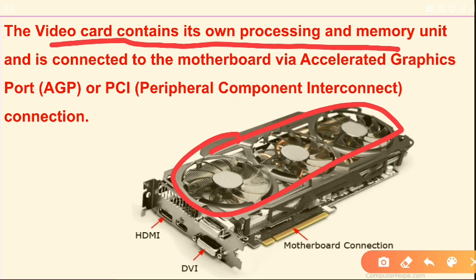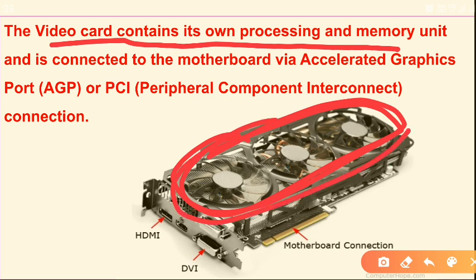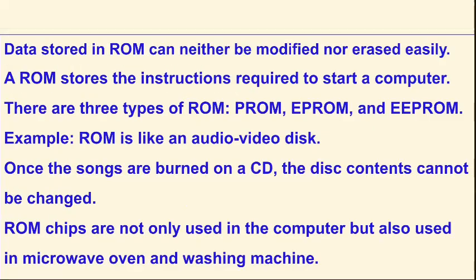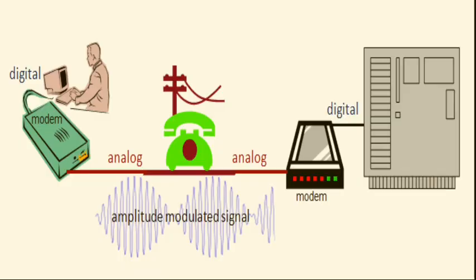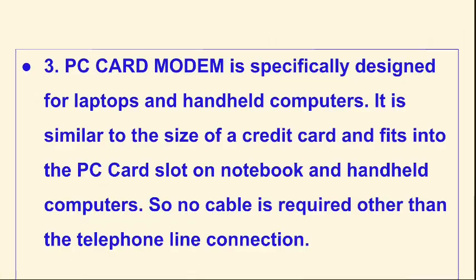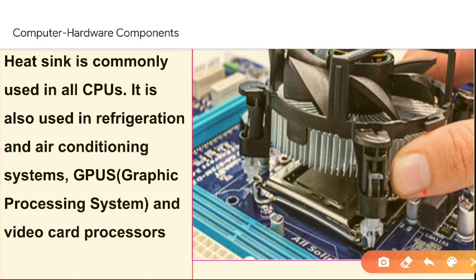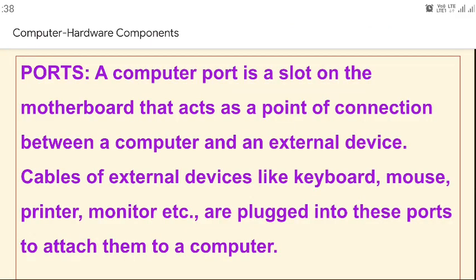This particular video card has its own CPU and it has three fans. See, it has a big heat sink. Why does it have a heat sink? So that it can conduct the heat away from the video card, from the CPU which is inside the video card. Students, this is the importance of the heat sink. Now, look over here, students.